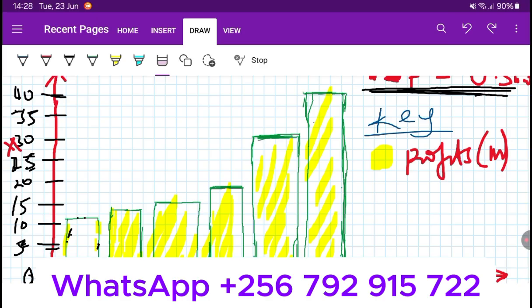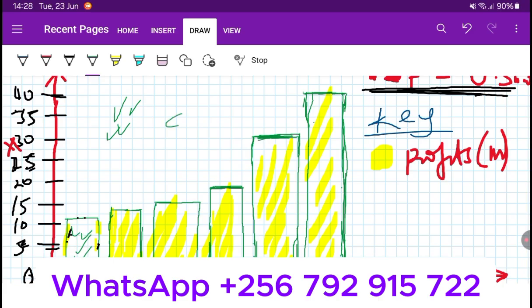Then you shade the other with a different color. Of course, in the exam, you are not going to have colors. You will have a pencil or a pen. You will shade using different patterns; most of the times you can put V's. Like in here, you can come and put V's like this.